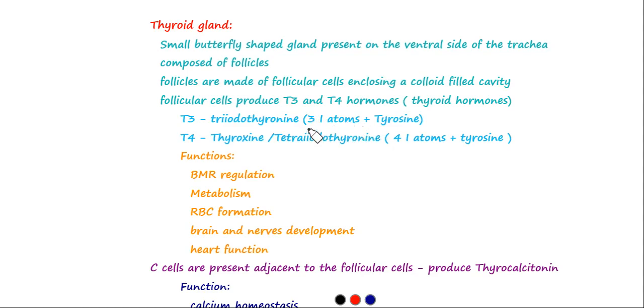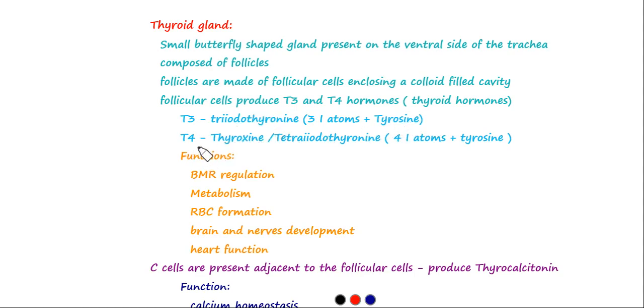Upon that there are 3 iodine atoms attached. So when 3 iodine atoms are attached to a tyrosine molecule, it is called a T3 hormone or triiodothyronine. Tri means 3, iodo is nothing but the iodine atom, and thyronine is the representation of this amino acid.